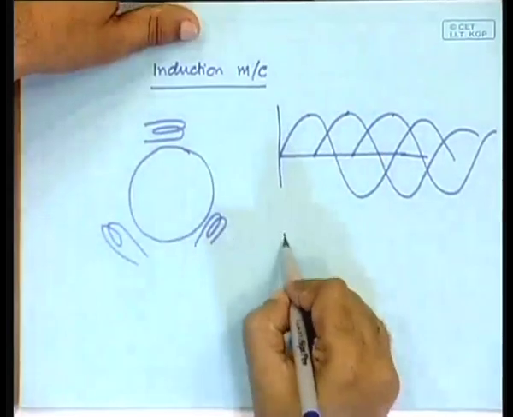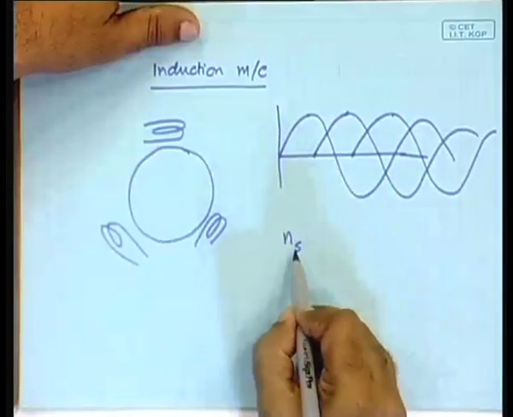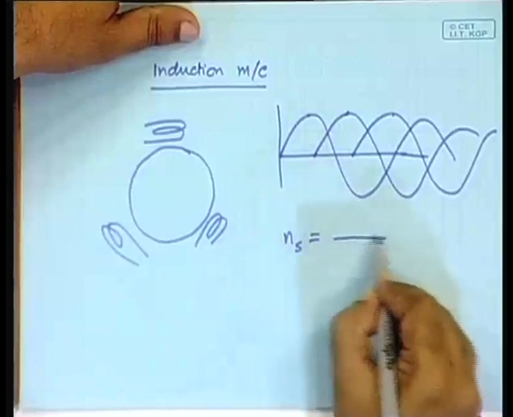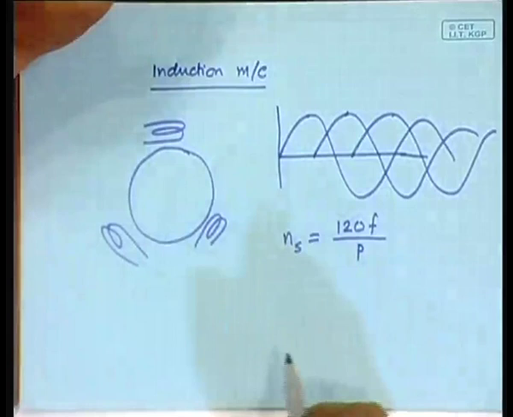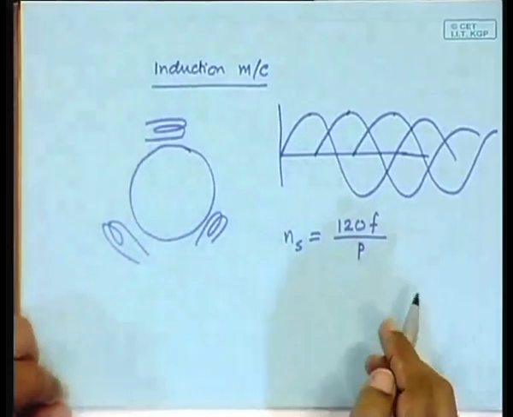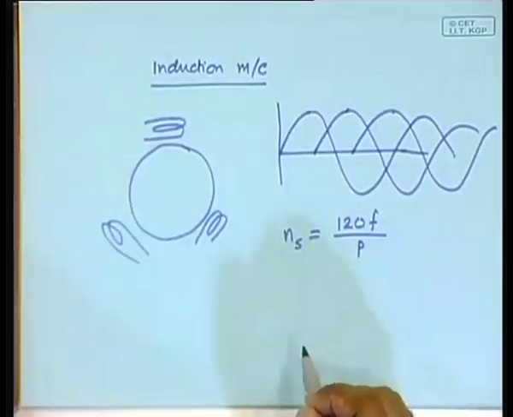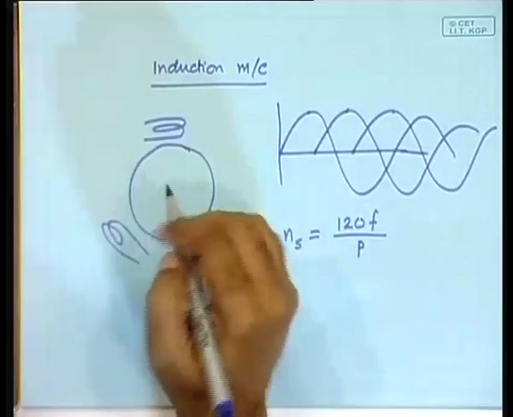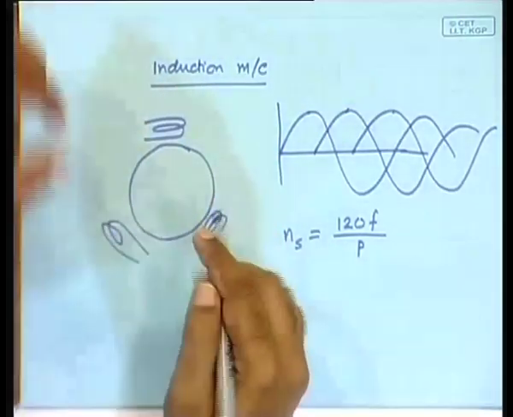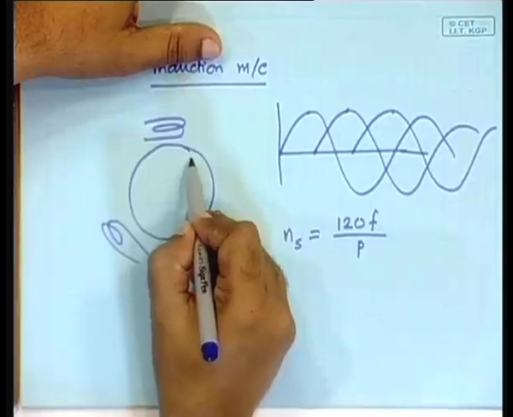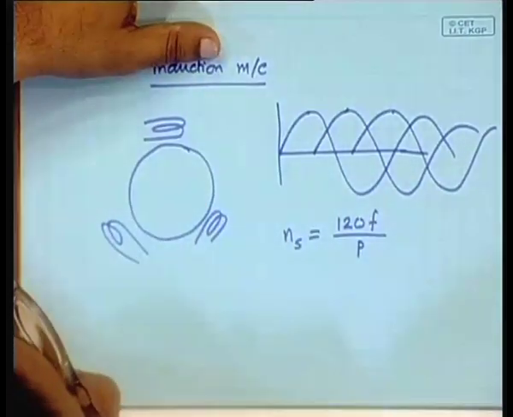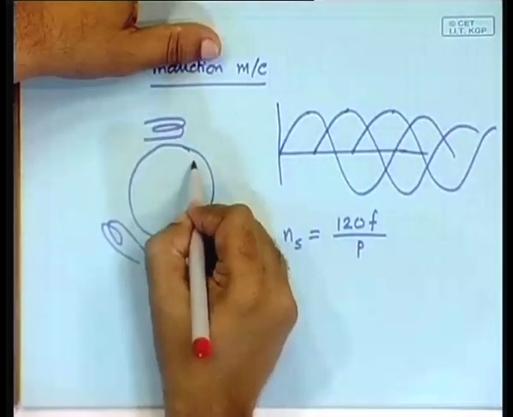So, the speed of rotation, called the synchronous speed, is 120 f by p, where p is the number of poles. Now, you have the rotor in this case, let me draw it in a different color, it will be easier to see.